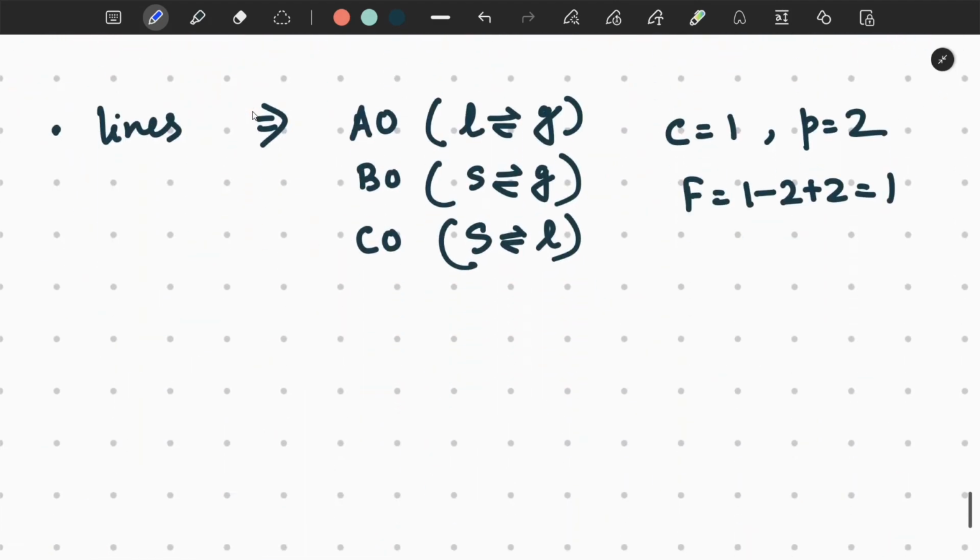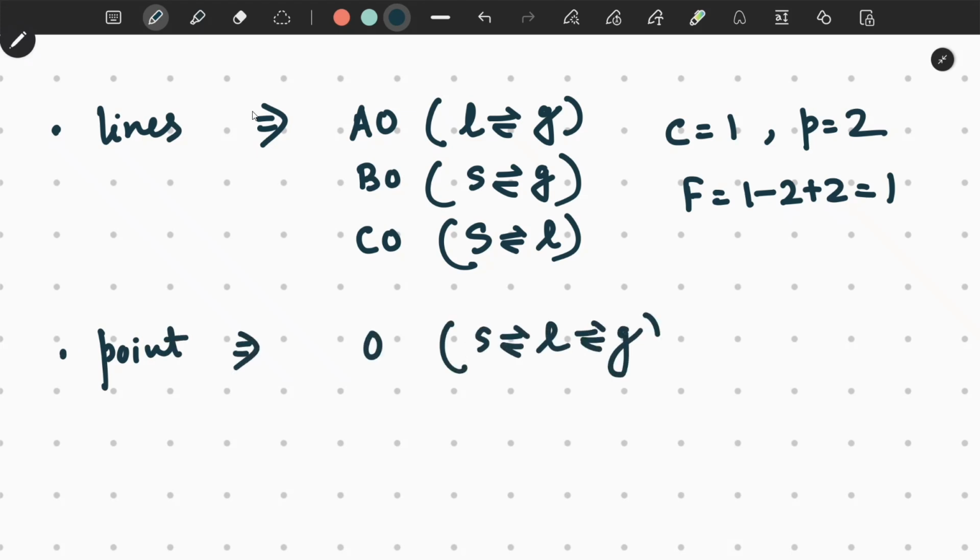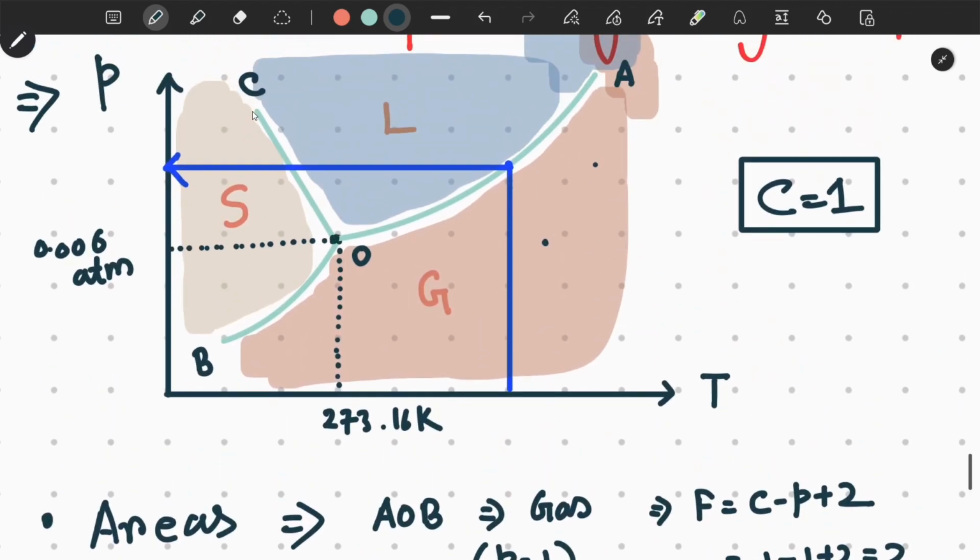Is it clear now? The next one is the point. Only one point is there, O, where solid, liquid, and gas are in equilibrium. Component is 1, phase is 3, so degree of freedom will be 0. You don't have any degree of freedom. This is only one value. You can't choose pressure or temperature. That is fixed.